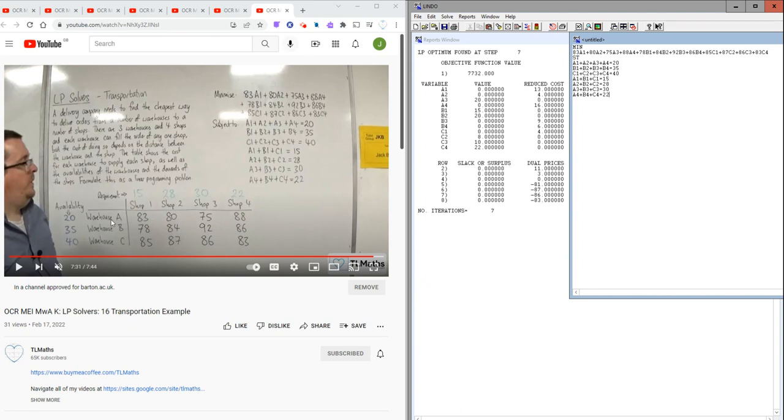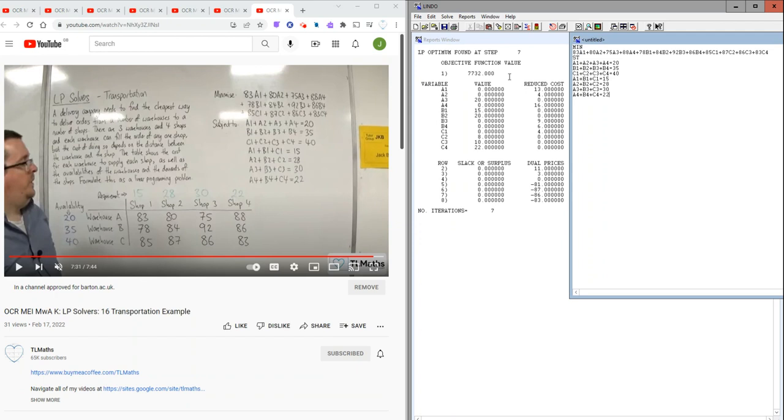And then if it shipped 2 to shop 2, then that would be 80 each, so another 160. So essentially all the warehouses have to deliver to get rid of all of their availability to the shops. And so the minimum that can be done is 7,732, which could represent pounds, for example, depending on the context of the problem.